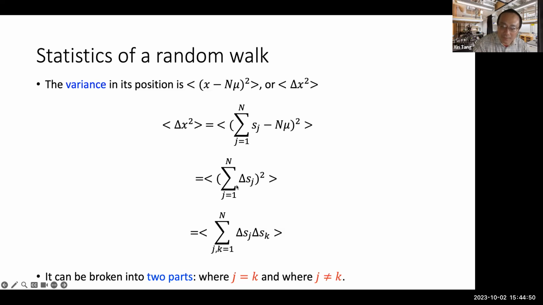That means every delta sj will multiply with every delta sk, where k is from 1 to n. You times everyone, and then j goes to another value within 1 to n, and that value also times all the delta sk. That can be represented by this mathematical representation, right?